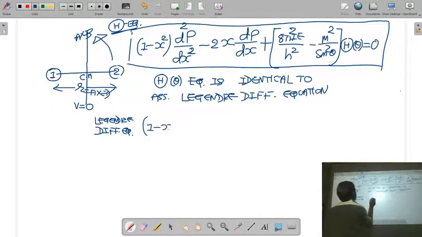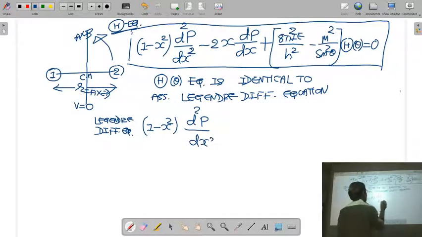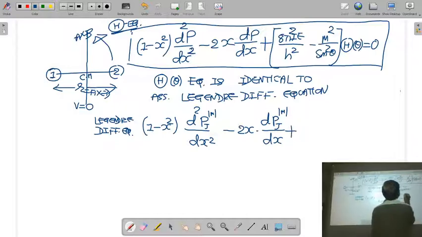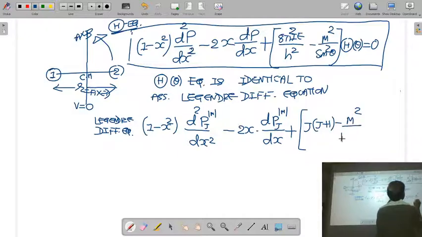1 minus x square d square p by dx square, actually it is like this, minus 2x dp by dx plus j into j plus 1 minus m square upon 1 minus x square.